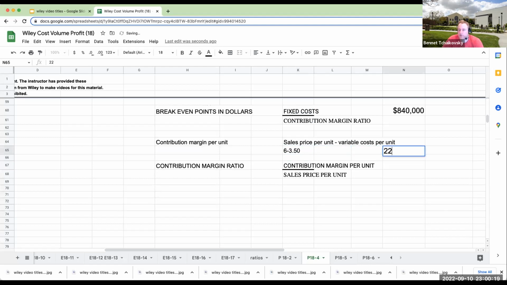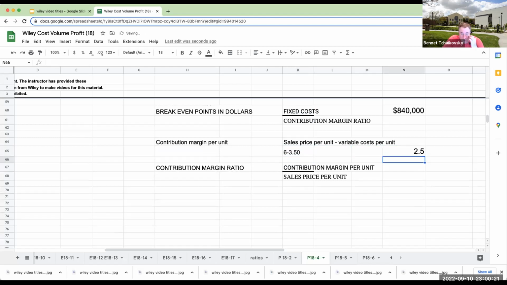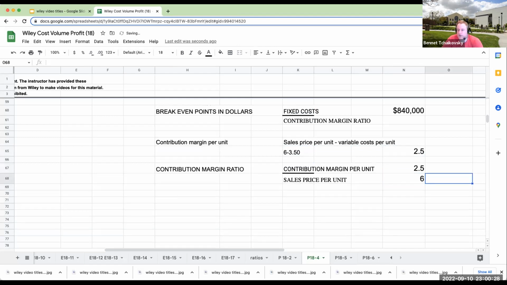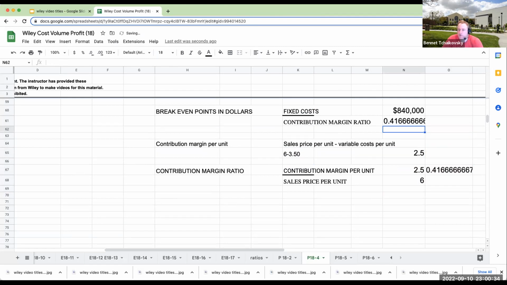So this is going to be $2.50. My contribution margin ratio is 2.5 divided by 6, or 0.416667. Using this, with fixed costs I get 2,016,000.